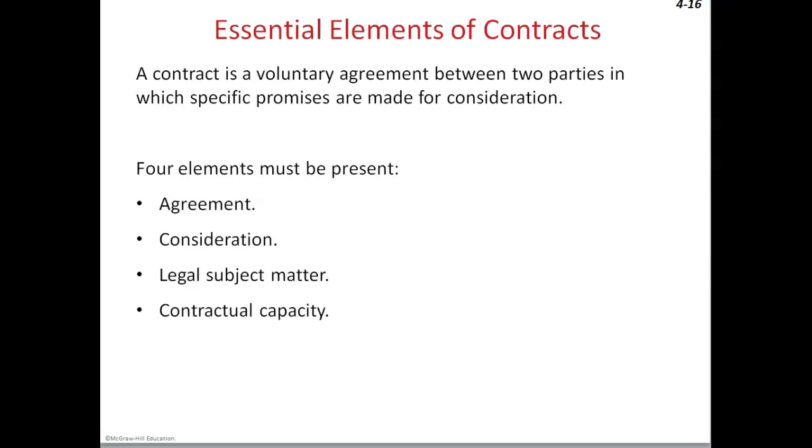Moving on to the essential elements of a contract. A contract is a voluntary agreement between two parties in which specific promises are made for consideration. In order for a contract to be legally binding, these four elements must be present. First of all, an agreement. So one party makes an offer and the other accepts it.